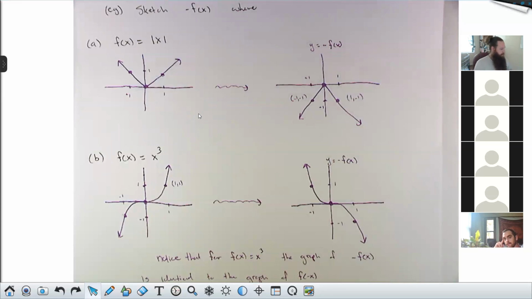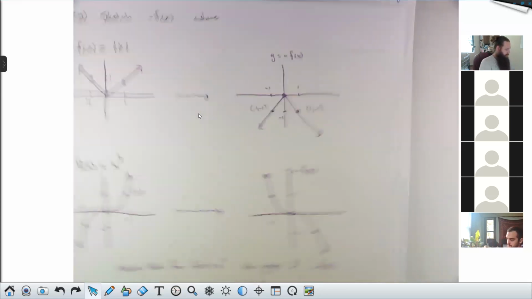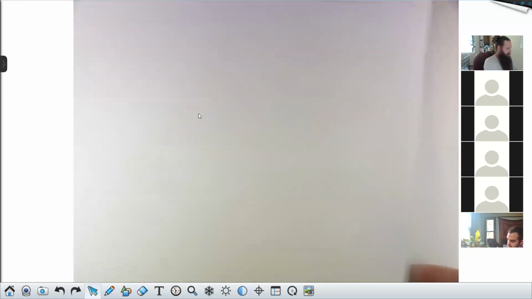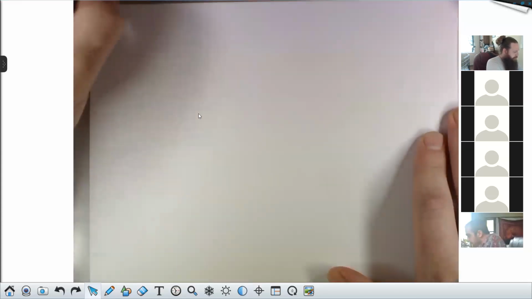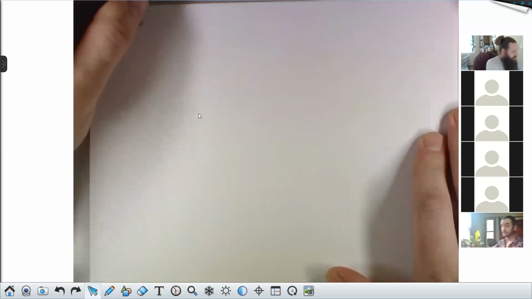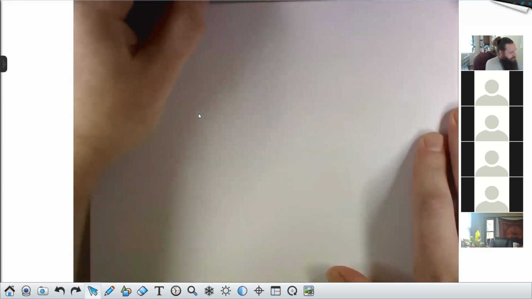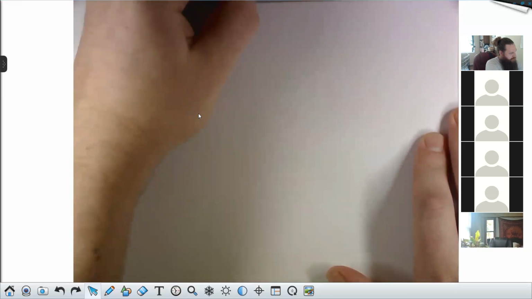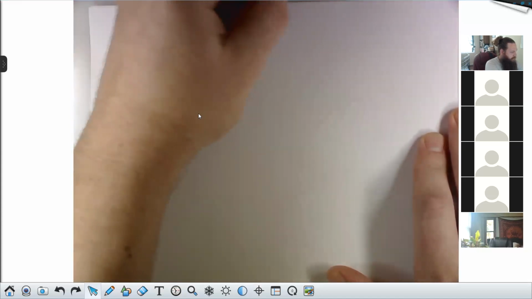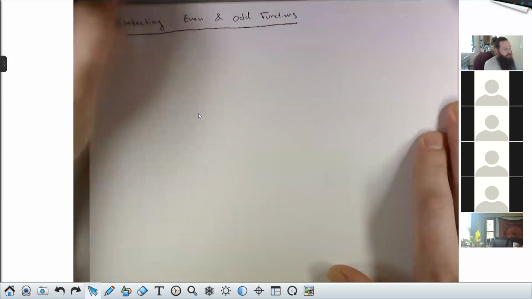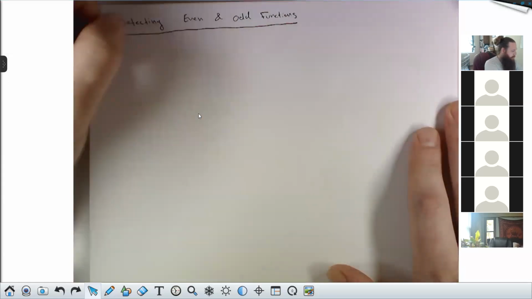Let's write down what we're saying. So detecting even and odd functions: how to know if your function is even or odd.